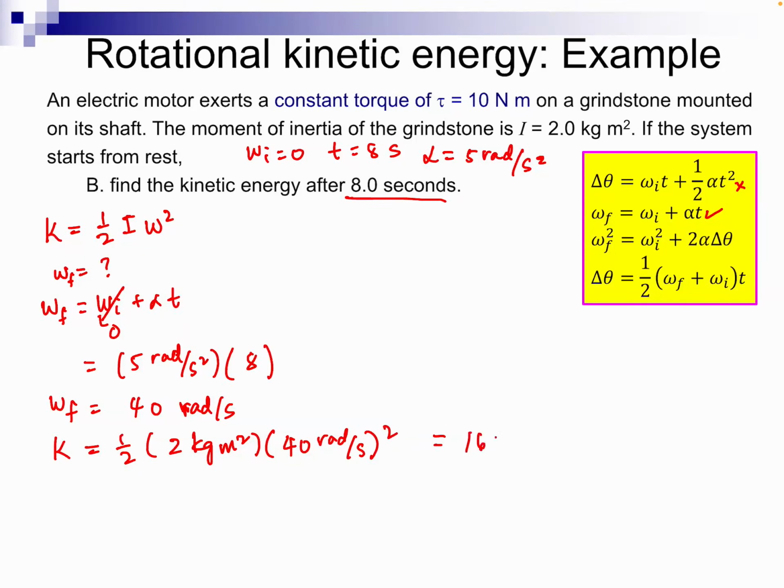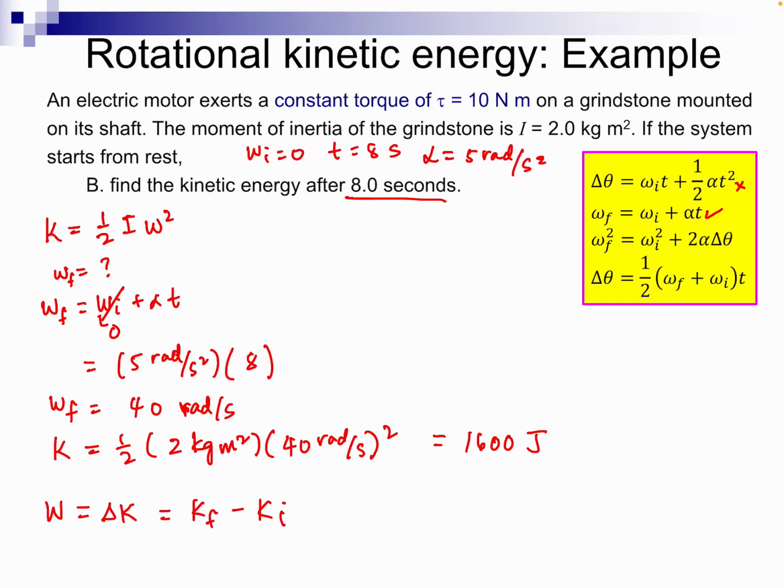Okay, you also get 1,600 joules. Which, if you recall, is the same number that you calculated from part A, which is equal to work. So that also means that the work-kinetic energy theorem says that the work done is also equal to the change in kinetic energy, or the kinetic energy final minus initial.